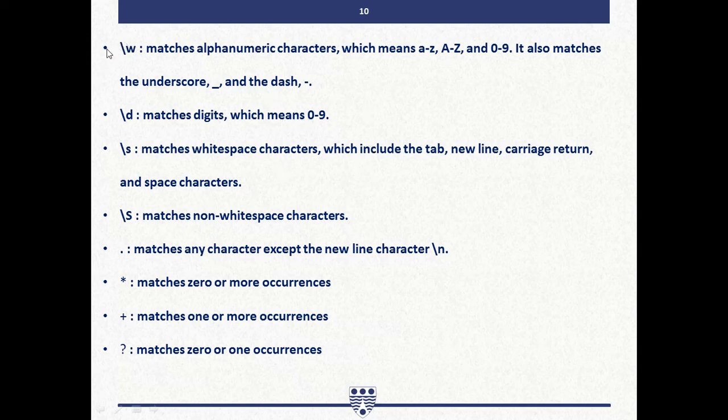Now this shorthand here, \w, is used to match alphanumeric characters, which means if you use this, you simply match the alphanumeric characters like small a to z, capital A to Z, from 0 to 9. It also matches underscore and dash.